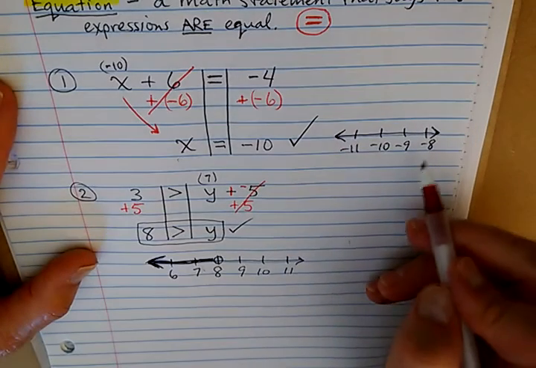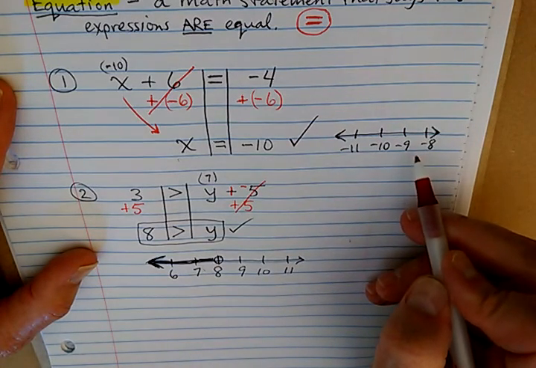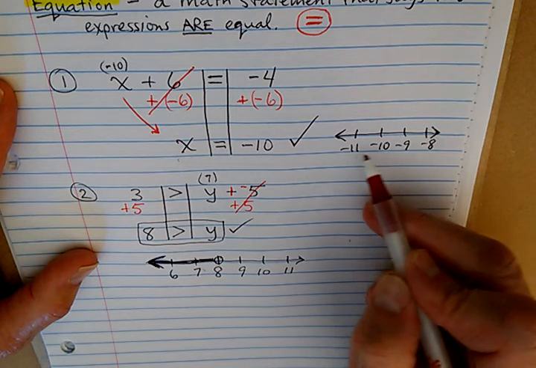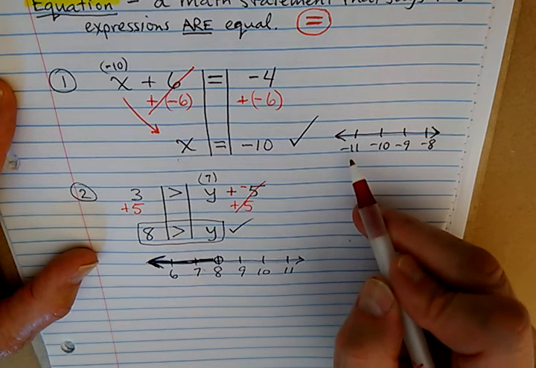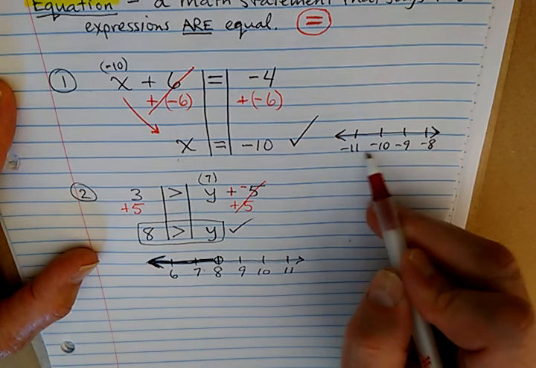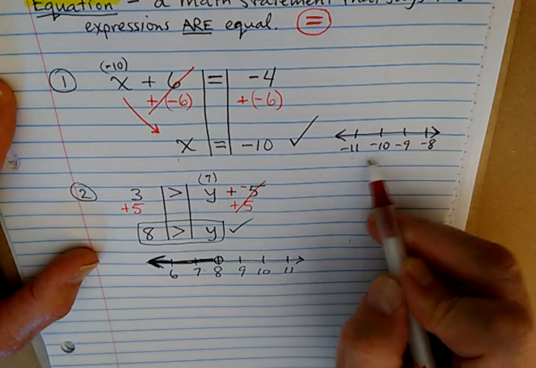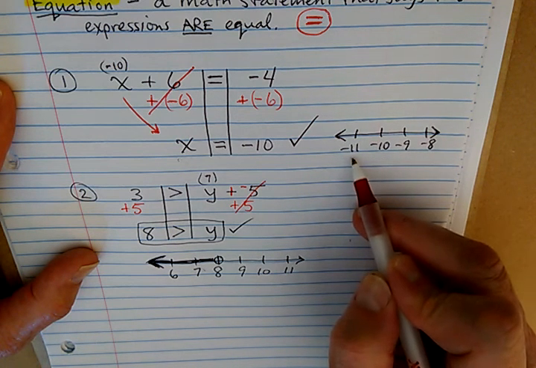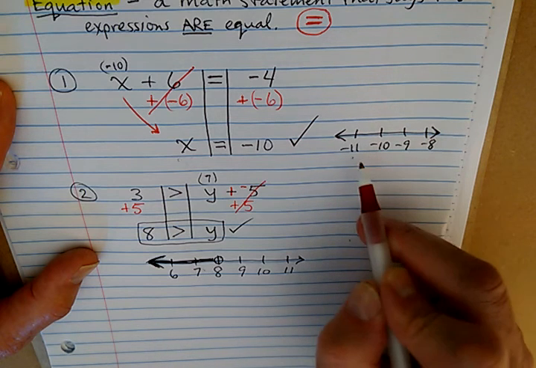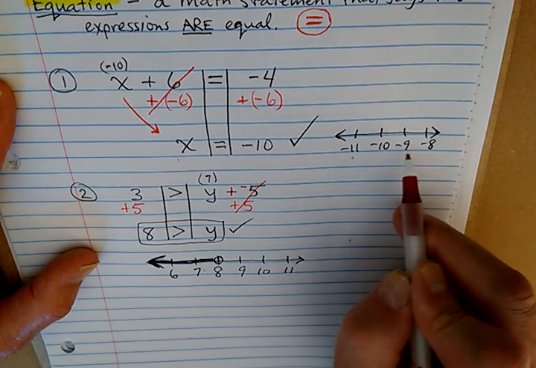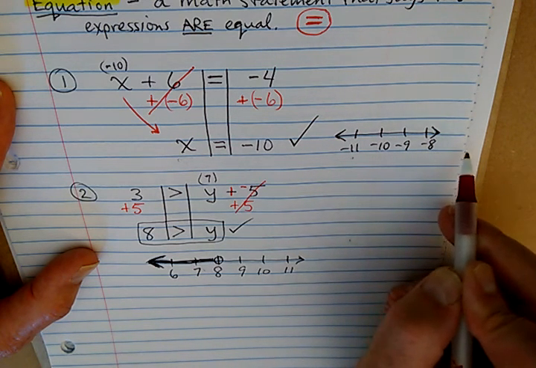Remember that on a number line, the smaller numbers go to the left. But when we're talking about negatives, they are smaller, but they look bigger because 11 looks like it's bigger than 10, but actually negative 11 is smaller than negative 10. So the bigger numbers go to the right, moving towards 0.